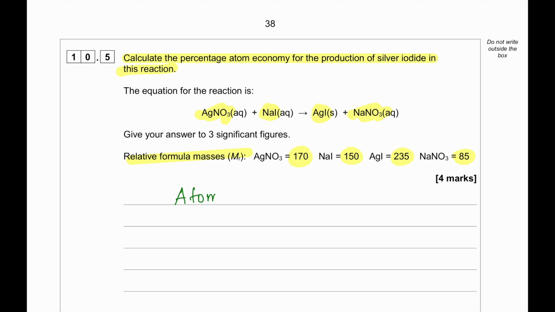Now, in order to find out atom economy, the general formula will be mass of desired product divided by mass of total reactants.